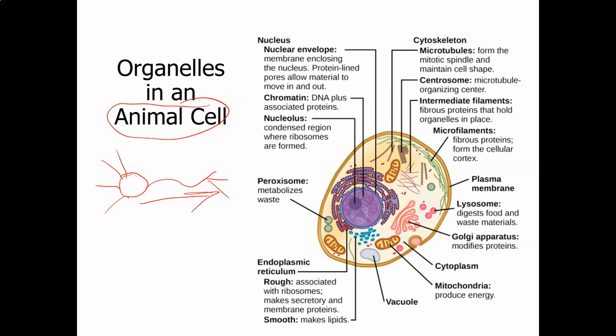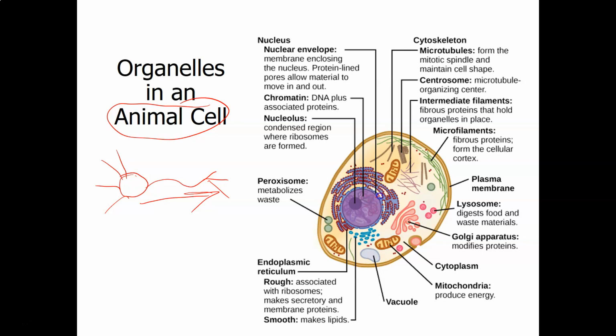And muscle cells, like I say, are elongated. Fat cells are big, fat, filled with lipids and fats. So a cell's structure determines its function. But this is just a typical cell so that we can study the organelles that you would find in a typical eukaryotic animal cell. First, we'll look at the nucleus.